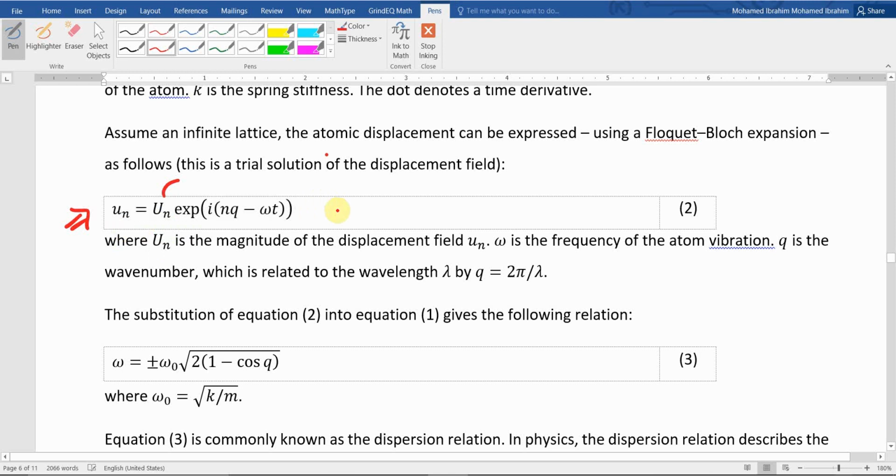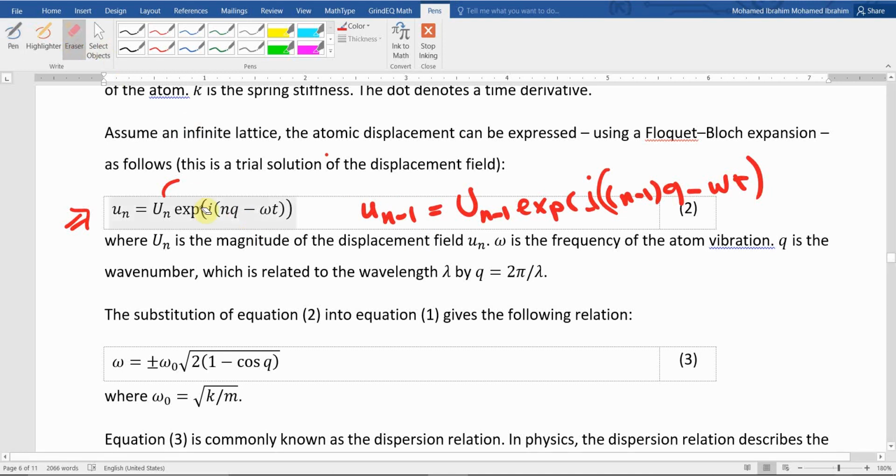If you are interested, for example, in the displacement of the atom n-1, this should be u_{n-1}, but the exponential term will have i times (n-1)q minus omega t. It means that we're just going to replace the n with n-1 in case we are seeking the displacement of another atom.